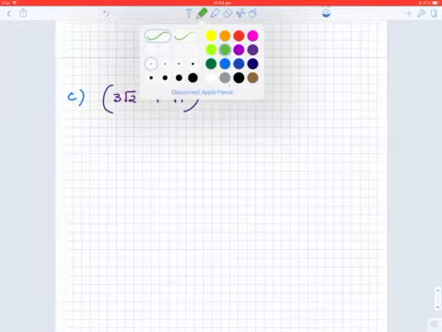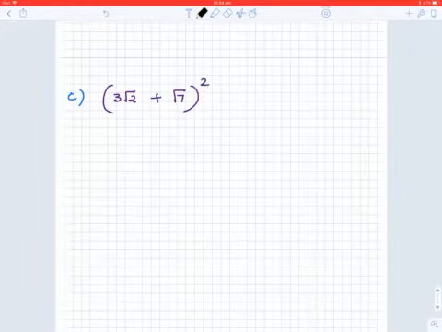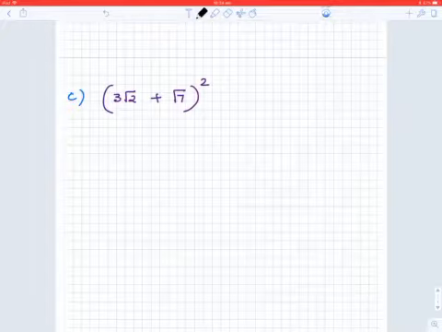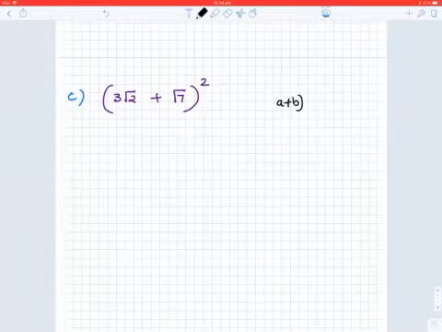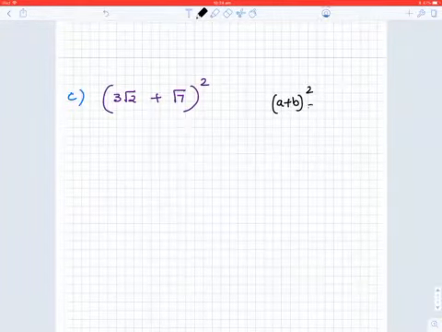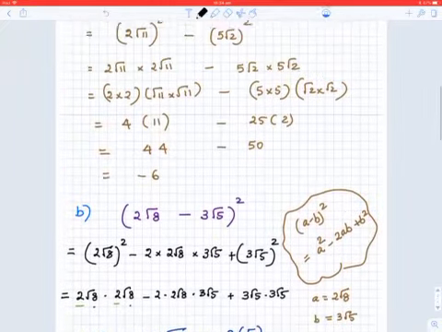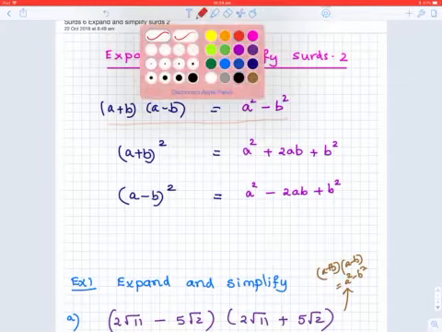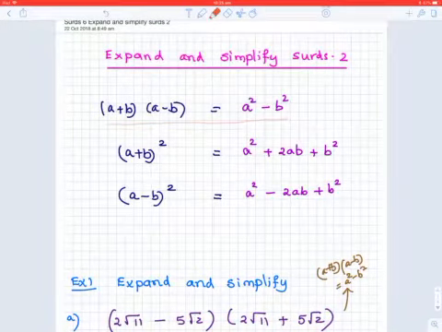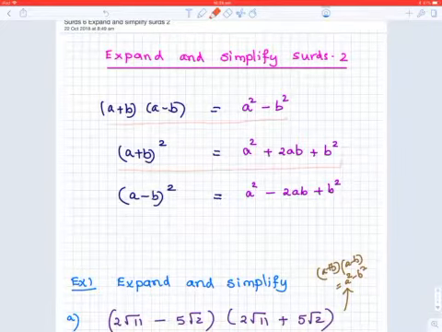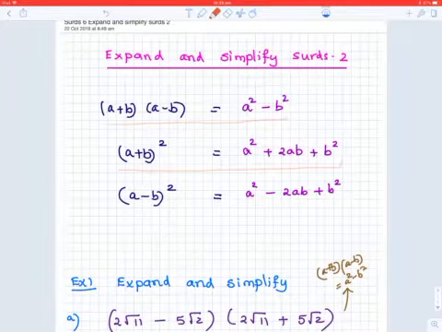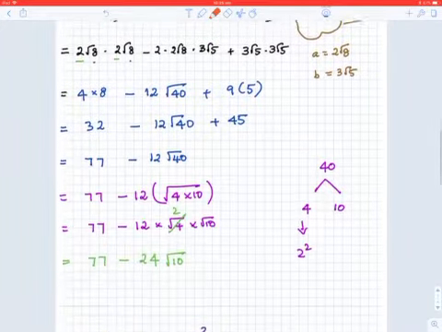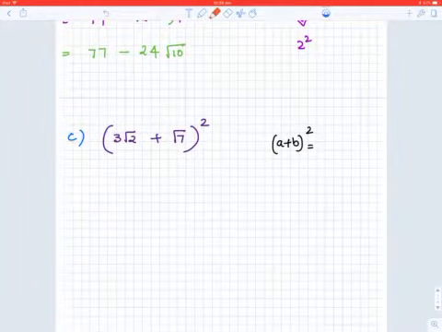Let us go to the next question. When you go to the next question, it looks like this is of the form a plus b the whole square, and a plus b the whole square equals a square plus 2ab plus b square.